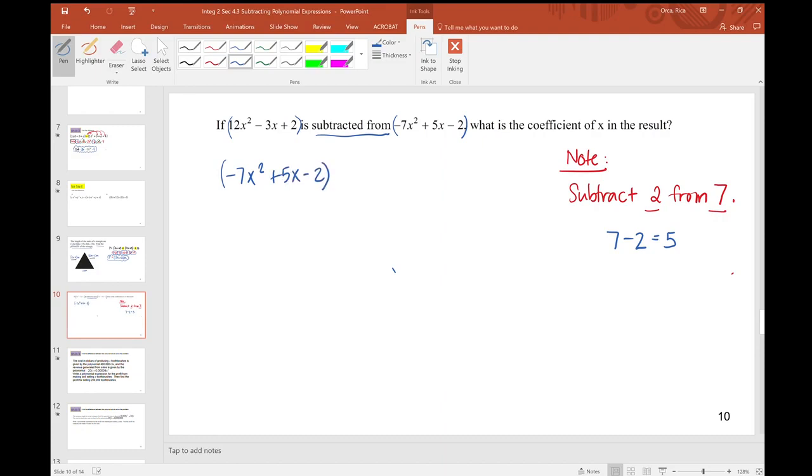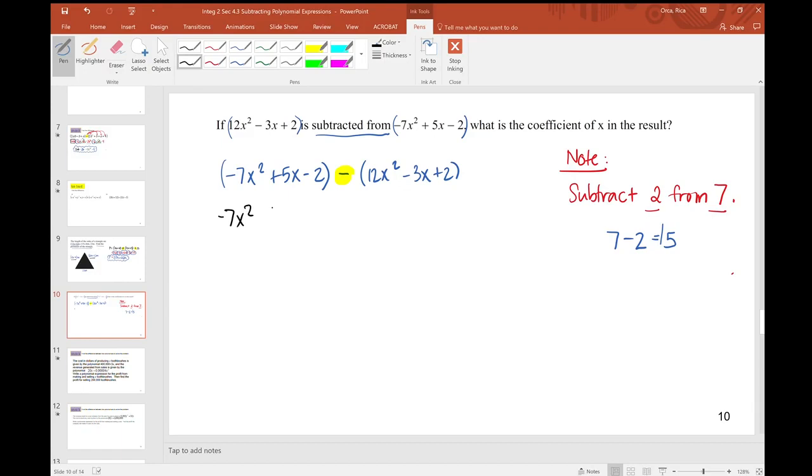And from that trinomial, we're taking away 12x squared minus 3x plus 2. We're subtracting. If you look at the first trinomial, on the left side of the parentheses, there's nothing there, so let's go ahead and just drop the parentheses.